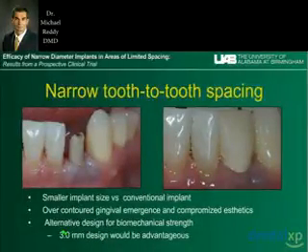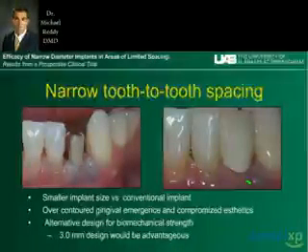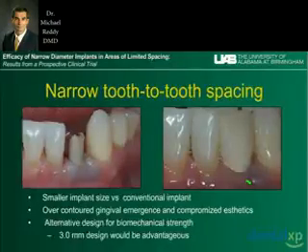If we look at this case of a mandibular anterior region where there's a fairly good amount of room using a 3.25 or 3.5 millimeter implant, the conventional implant leads to the over-contouring of the temporary crown shown here and a poor emergence profile that leads to compromised aesthetics. So an alternative design would be to consider using a 3 millimeter implant if it could be designed with adequate biomechanical strength.